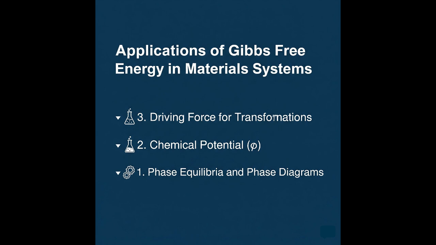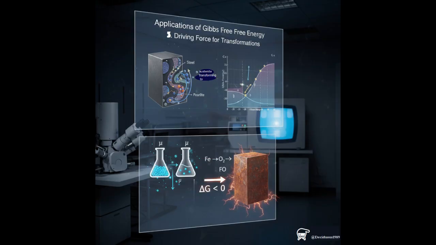The third application of Gibbs free energy to be mentioned here is driving force for transformations. Any process in a material, whether it's a phase transformation like austenite transforming to pearlite in a steel, a chemical reaction like oxidation, or the dissolution of a precipitate, occurs because there is a negative change in Gibbs free energy.